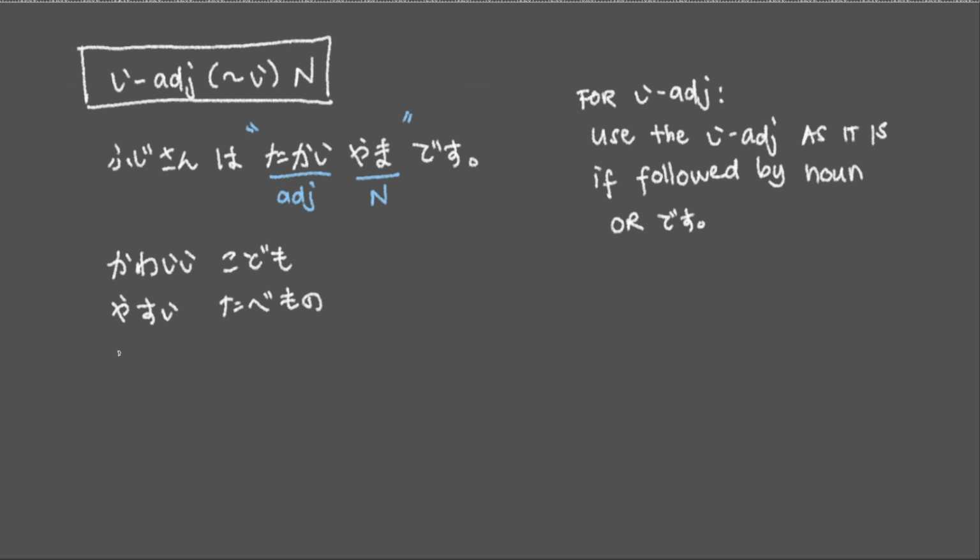Or we also have oishii nomimono. And we have takai tokei. If you guys remember, tokei was from a very, very old lesson that we had in the first semester. Okay, kawaii kodomo, cute child.